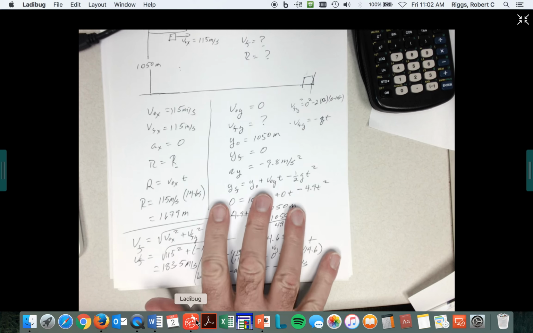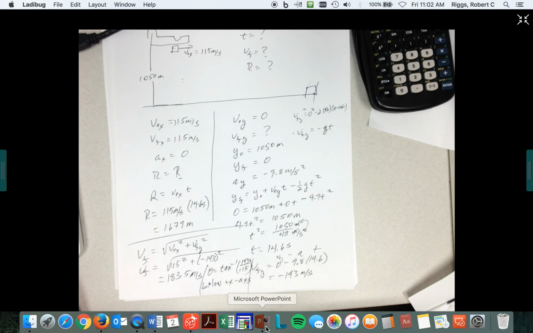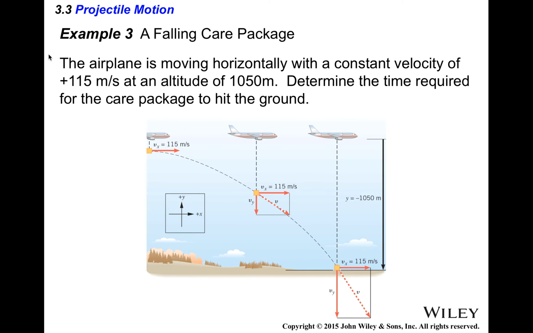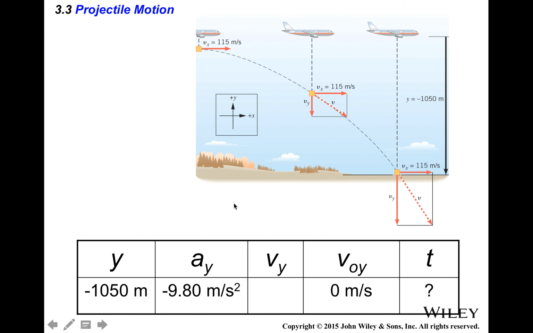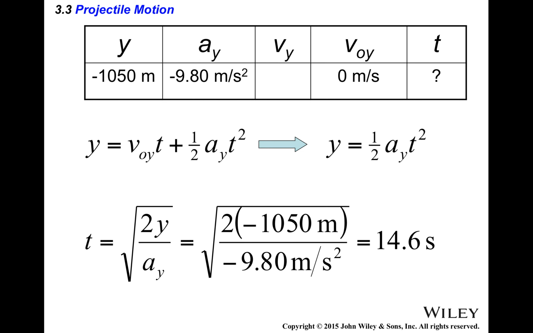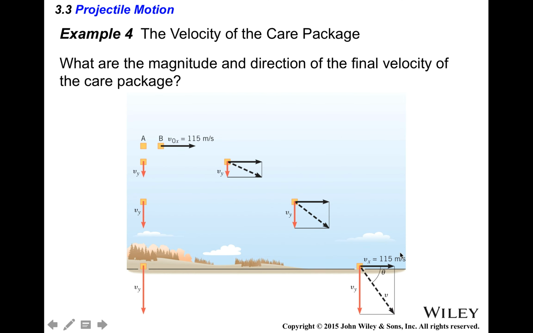There you go. Now let's check out how they did it, because that's the tricky part. There's several ways you can do it. Okay, so here they're putting all their info in. T I don't know, and they said, hey, in the y is where you find the t. Here we got our 14.6. What is the final velocity?